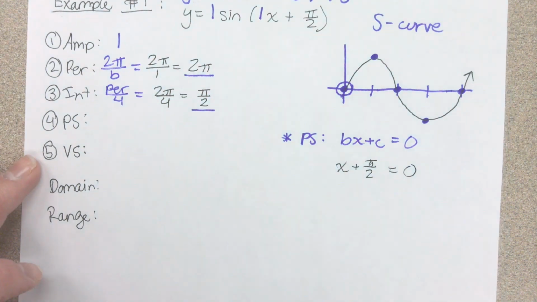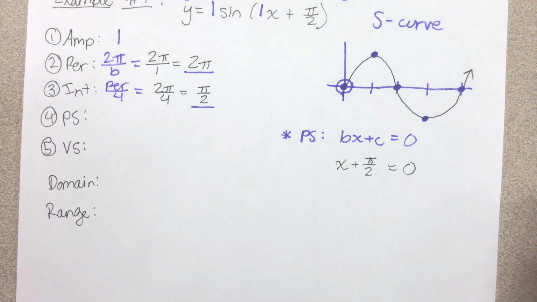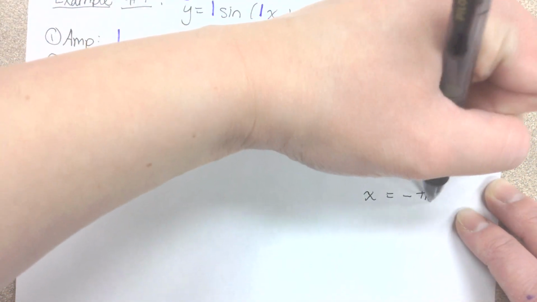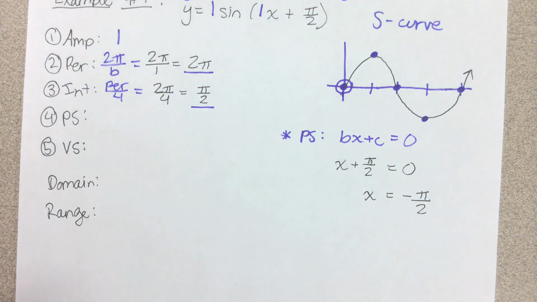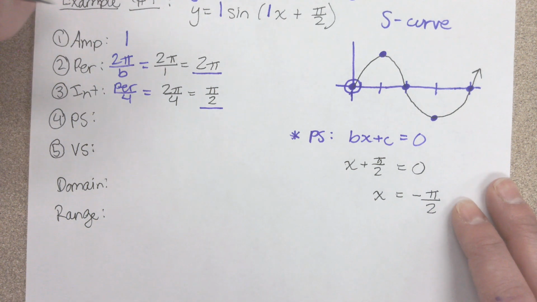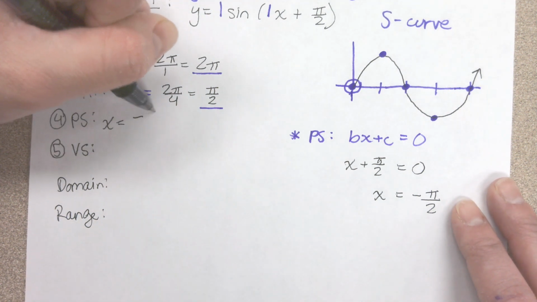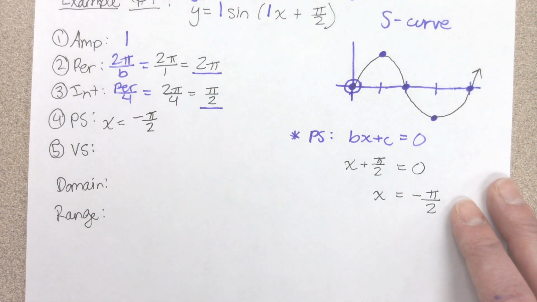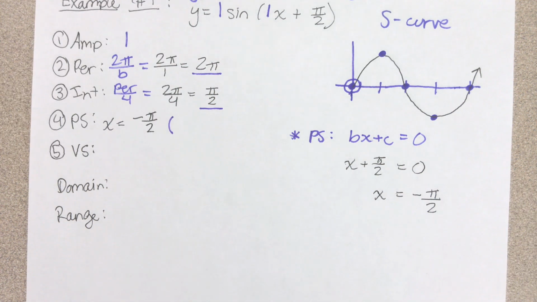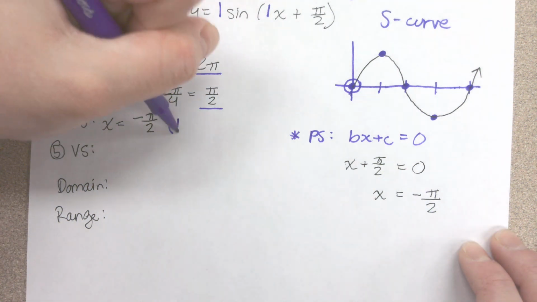Don't overcomplicate this. Remember, pi over 2 is just a number. Solving for x, we get negative pi over 2. Our phase shift, x equals negative pi over 2. If you were to write a direction with the number instead, remember x-axis moves left or right, negative would be left, so this is left pi over 2.